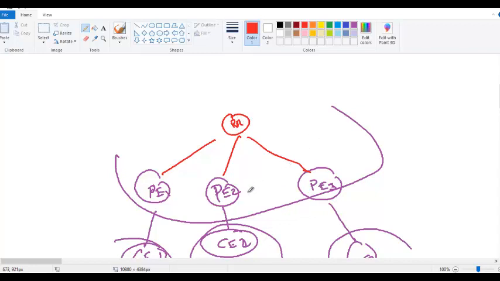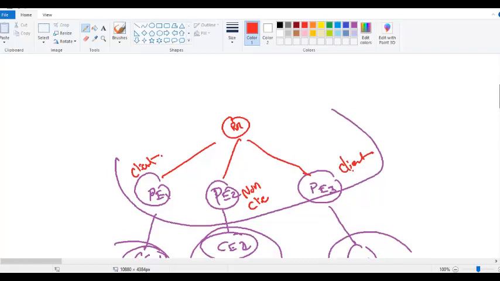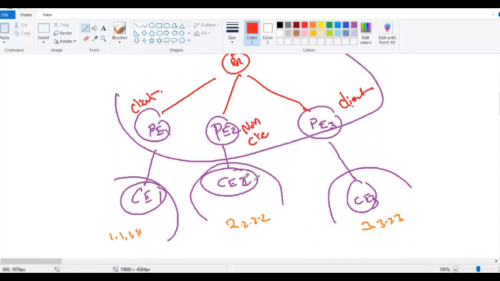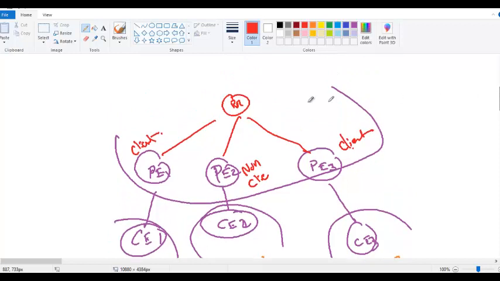Let's say this is the non-client. This is the only client, and this is also a client. This router will know now 1.1.1.1.